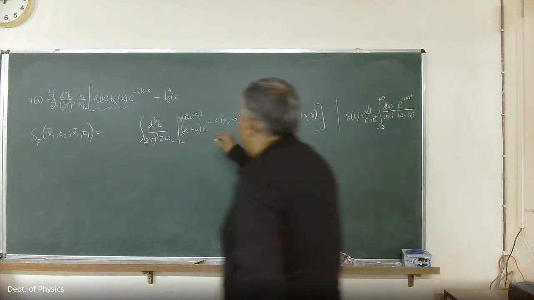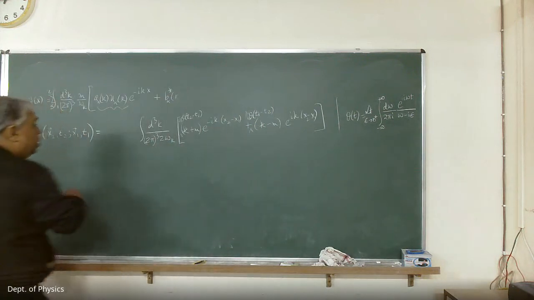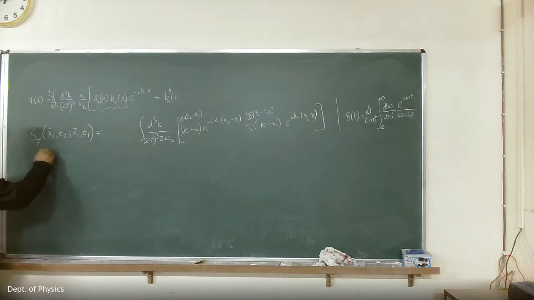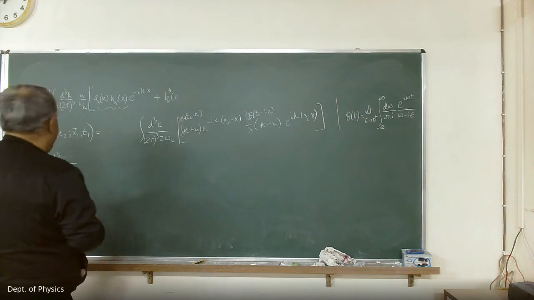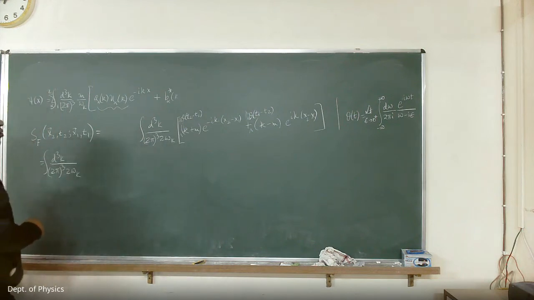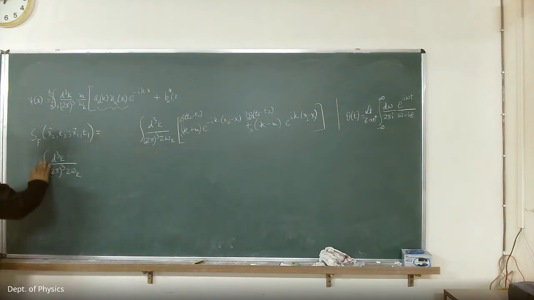So now what I'm going to do, I'm substituting theta t here. So d3k by 2 pi cube 2 omega k. And for theta t2 minus t1, let me actually extract out minus i.